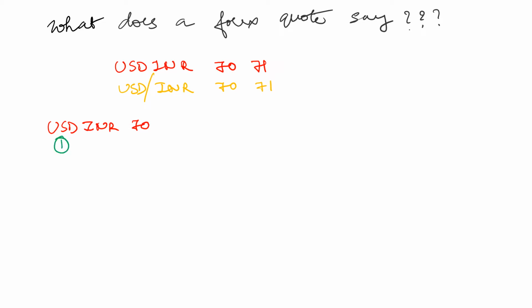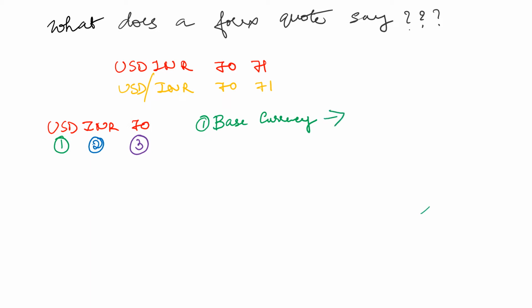First is USD, second is the INR, and third is the value here, a number that is mentioned here. The first item mentioned in the foreign exchange quote is the base currency. The first currency mentioned in the quote is always a base currency.